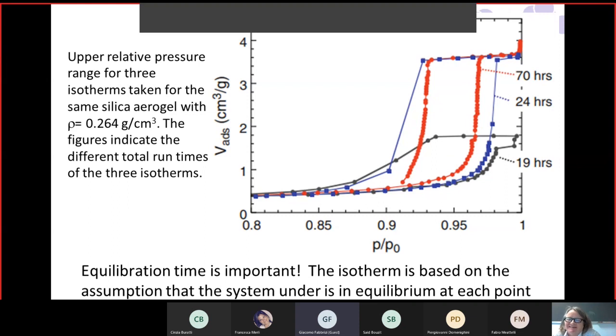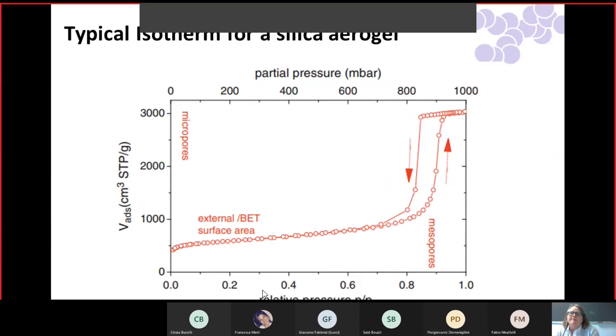So we left off with this equilibration, but I want to talk about what this isotherm looks like for a silica aerogel. I'm going to show a lot of plots that look like this. This is the amount of gas adsorbed, and this is the relative pressure, relative to the saturation pressure, P0.